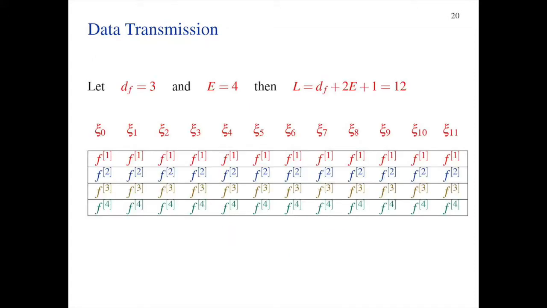All right, so this is the setup. I have a vector of polynomials. I have 4 polynomials that I want to send over the network, right?